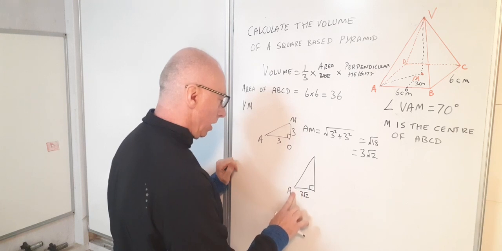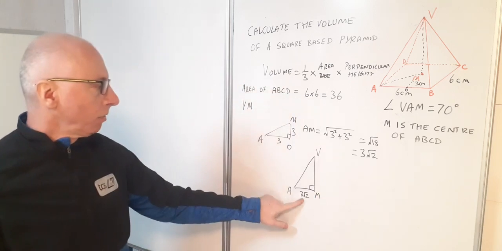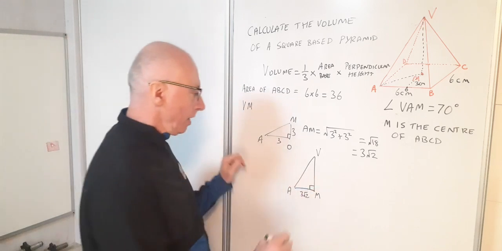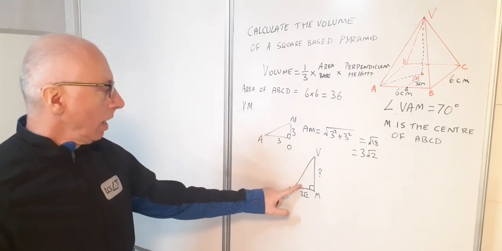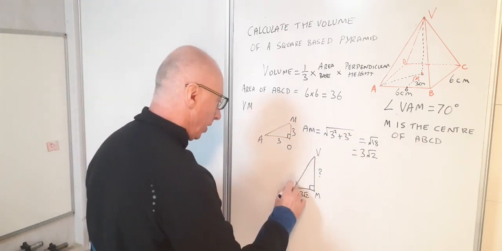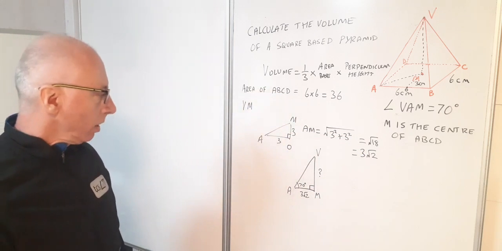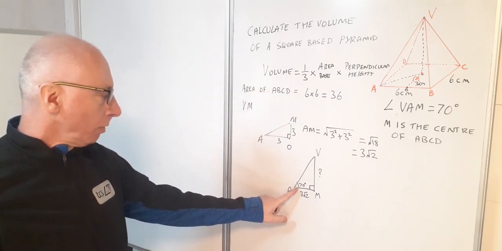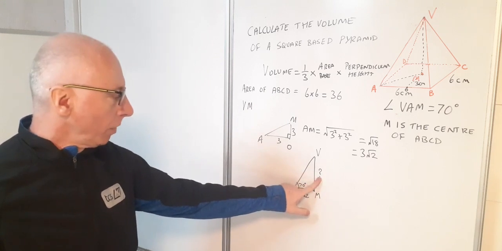So that's point A, that's point M, and that's our vertex. We want to calculate VM, our length of interest. We also have this angle VAM, which is 70 degrees. So we can use SOHCAHTOA, as we've got an angle and 2 sides, and we want to calculate one of them.